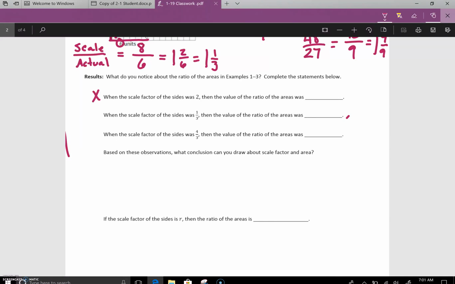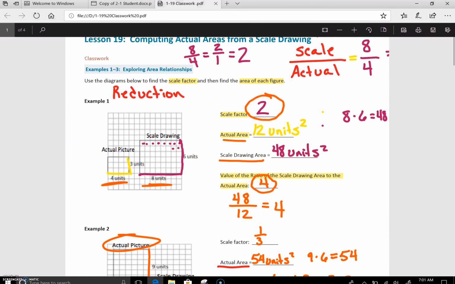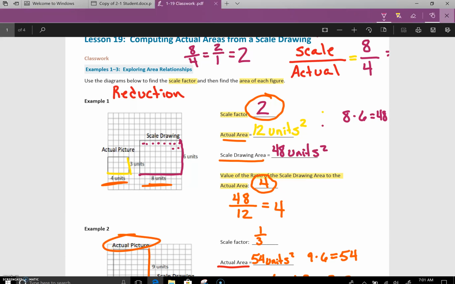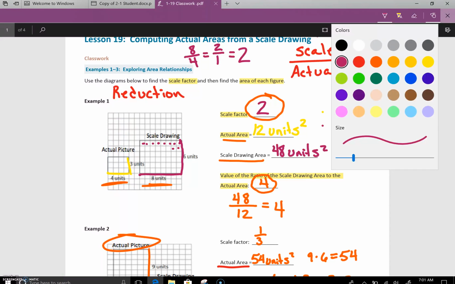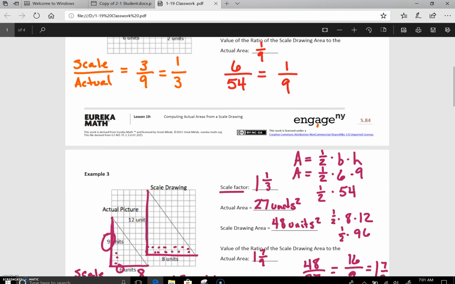And it says when the scale factor of the sides was 2, then the value of the ratio of the area was blank. So let's go back up to where we had a scale factor of 2. That's example 1. And so they said when the scale factor is 2, the value of the area difference was this, 4. So let's go down and plug that in.